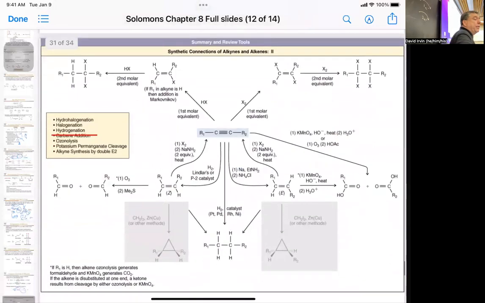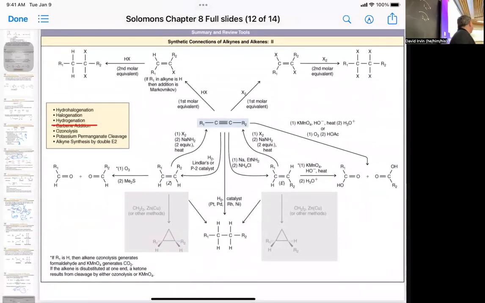All right, so this is from the book, okay? This is the page after the one with all the intermediates on it. And we don't do this reaction or that reaction. Those are carbenes. I don't do them, even though they're really cool. I just don't do them because I want you to learn these reactions first. But what we can say here is this is the beginning of our retrosynthesis.